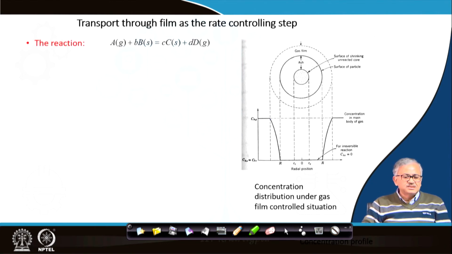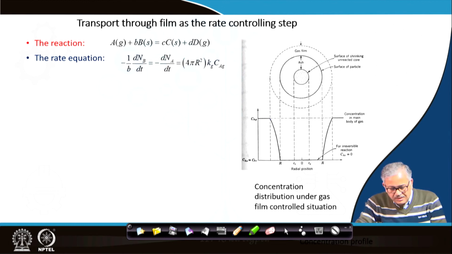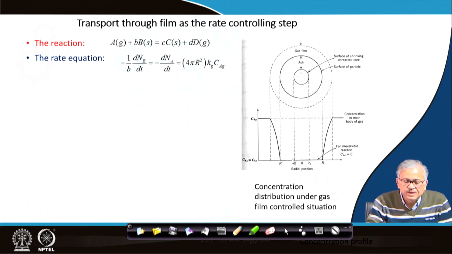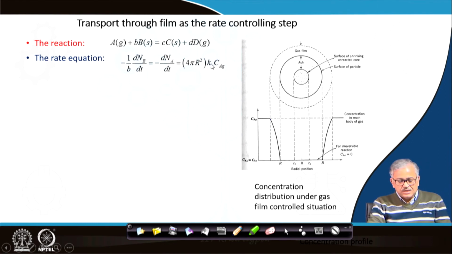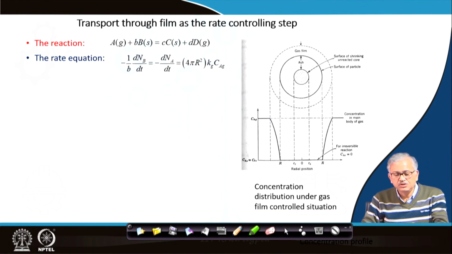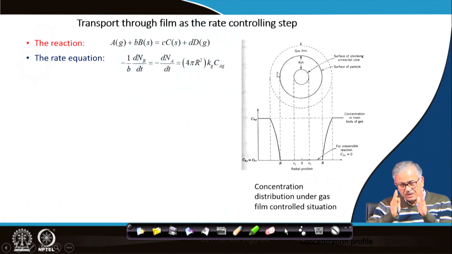So, again the reaction is this, and you can write the rate equation. Here dNA dt, the rate of consumption of A, is directly proportional to the mass flux Kg at the heterogeneous interface. The mass transfer through a concentration boundary layer is defined in terms of the mass transfer coefficient.